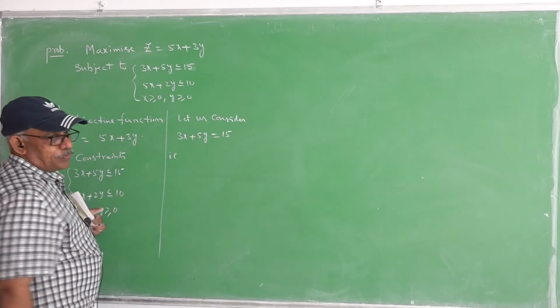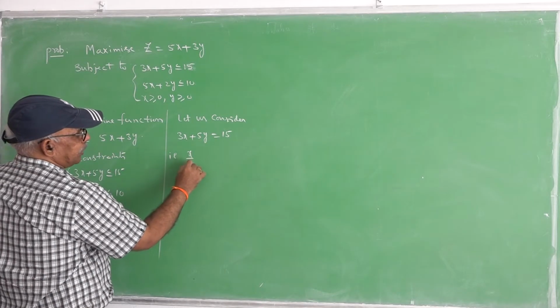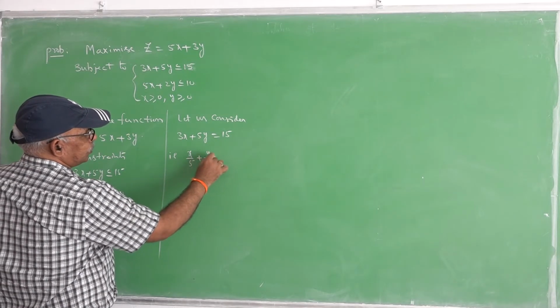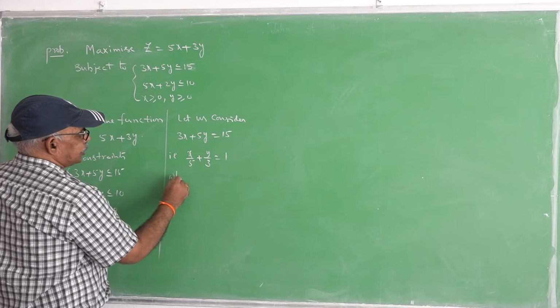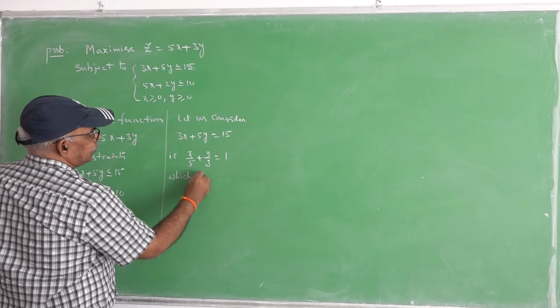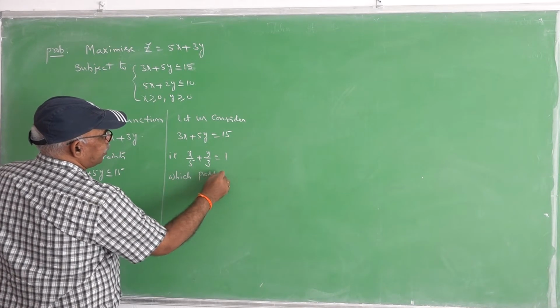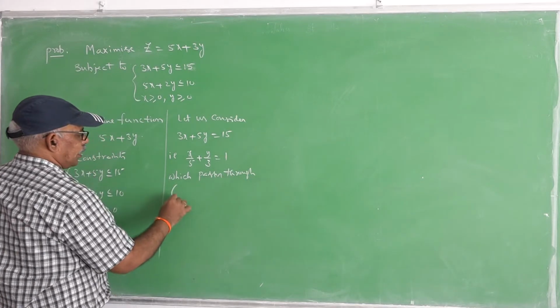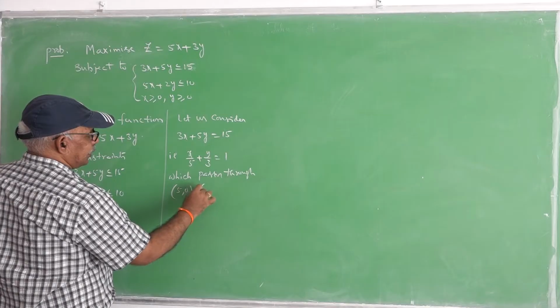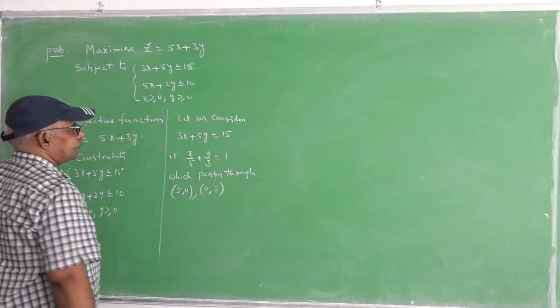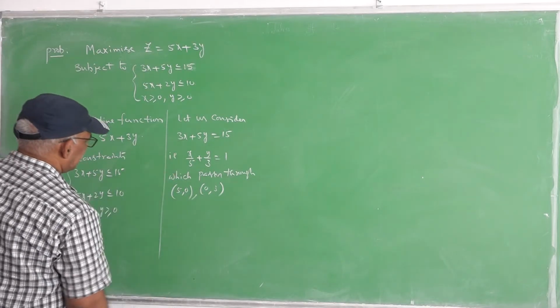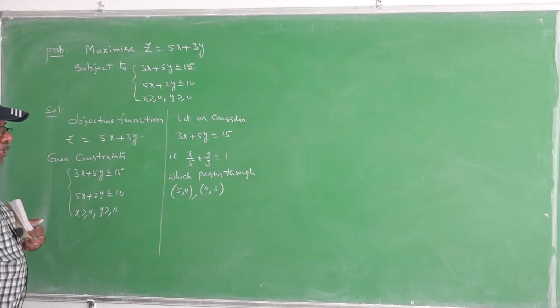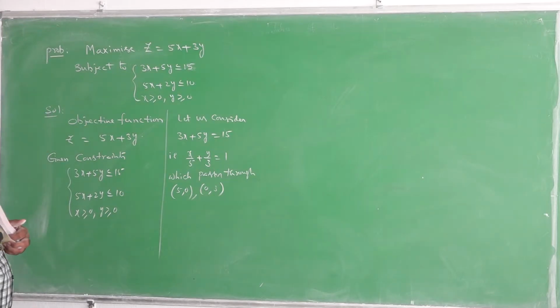By dividing both sides by 15, we get x by 5 plus y by 3 equal to 1, which means the line passes through the points 5, 0 and 0, 3. So this line may be drawn through the points 5, 0 and 0, 3 itself.